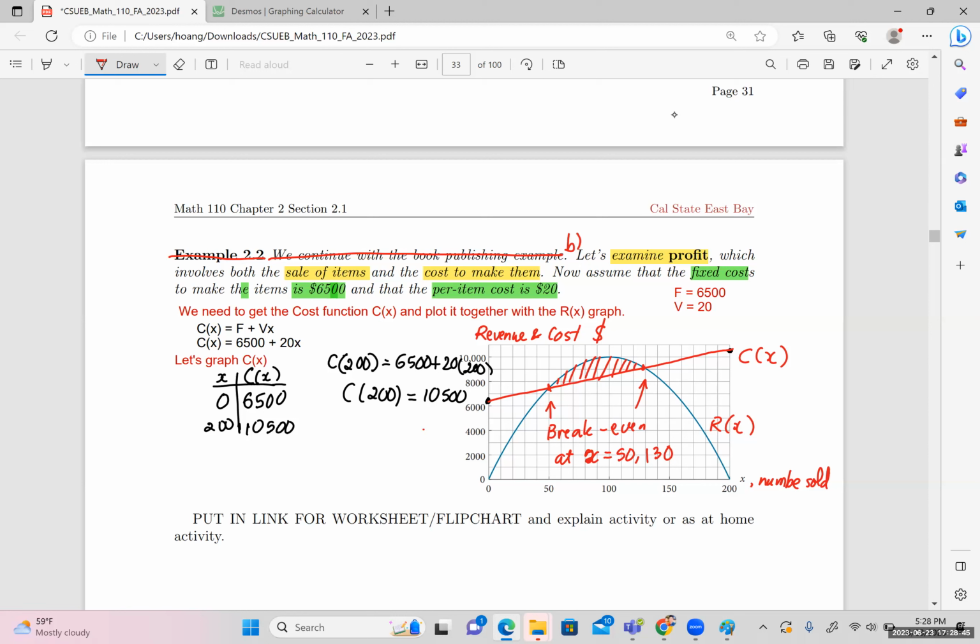So I would say in between 50 and 130, it will make a profit.